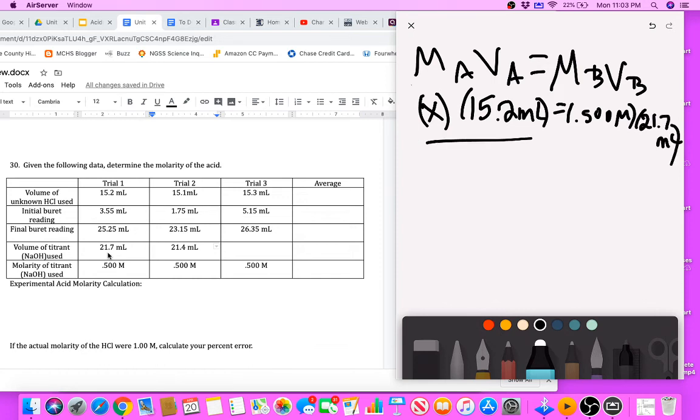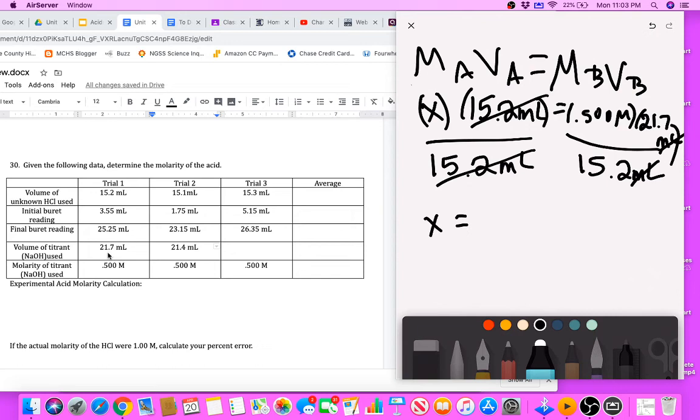So again, to solve this, we're going to have to divide both sides by 15.2 milliliters. Milliliters cancels out over here, and we have X is equal to 0.500 times 21.7 divided by 15.2.